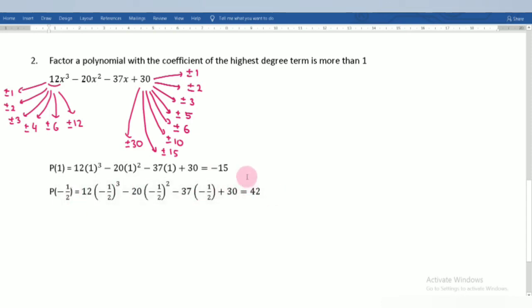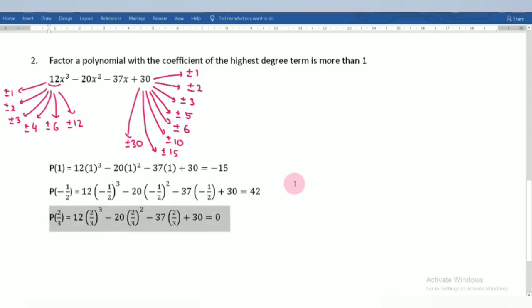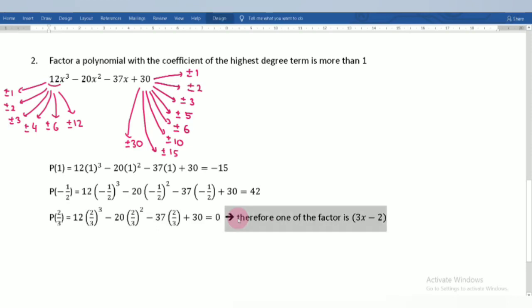So this is just hard work, but let me just go to the answers, which is 2/3. Okay, 2/3 comes from +2 divided by +3, or -2 divided by -3. Either way, we have 2/3, and if I put 2/3 into this polynomial, I get 0. Therefore, 2/3 is a zero, so the first factor will be 3x minus 2.